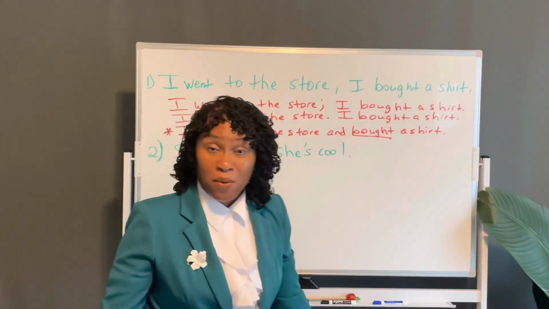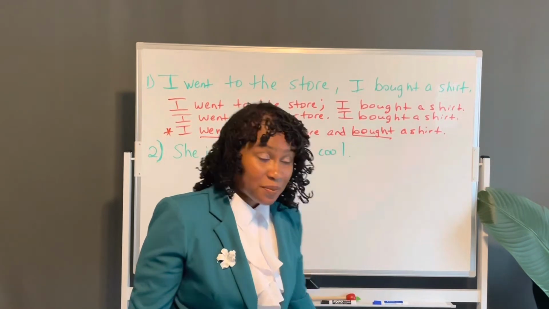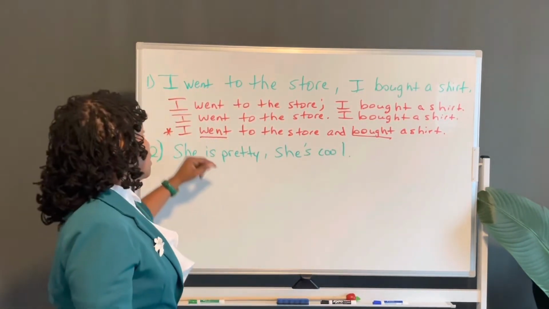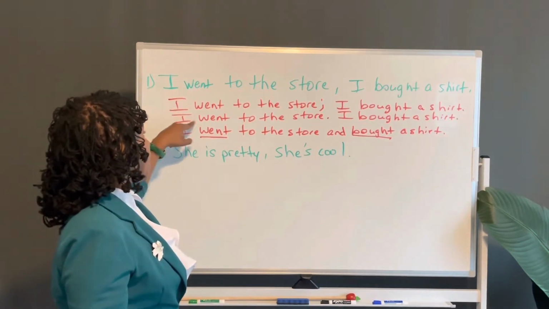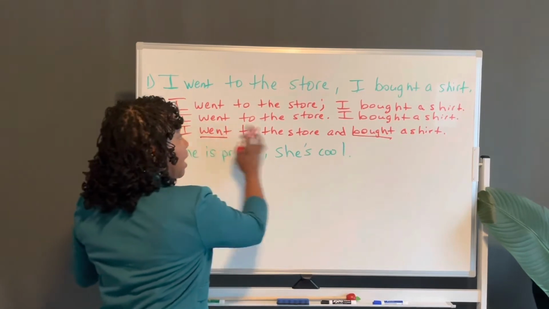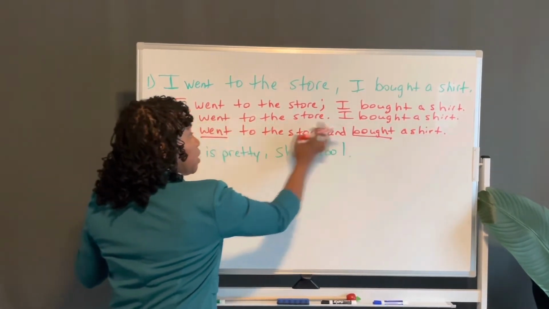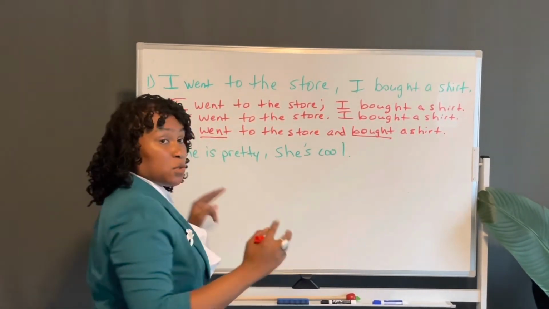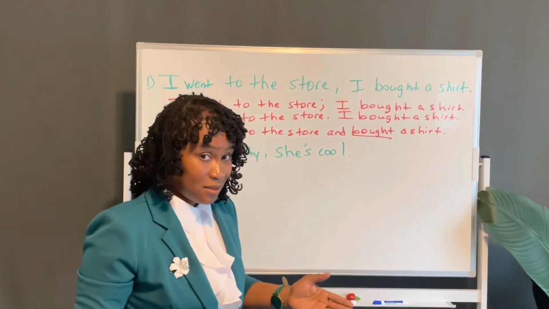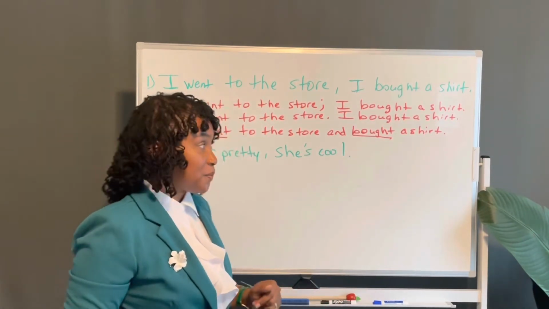You don't need a semicolon, and you don't need another period. I went to the store and bought a shirt. Versus these two sentences here, I went to the store, period, I bought a shirt. So you can see here the subject is I, and the verb is went, bought. Two subjects, two verbs. But when you have one subject and two verbs, you don't need to do that.